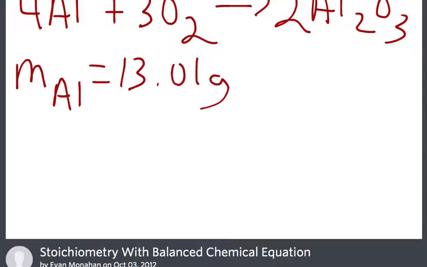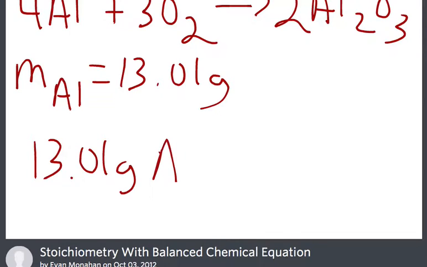So how do I find moles of aluminum given the mass?